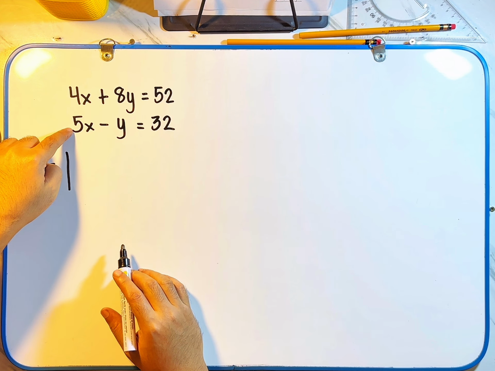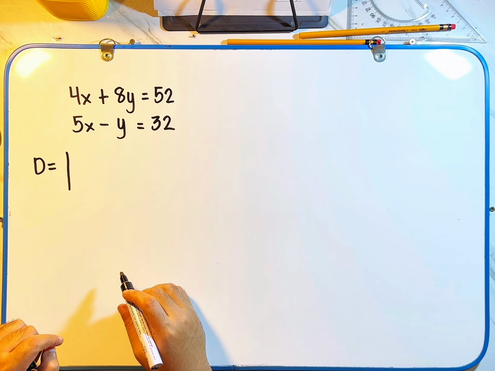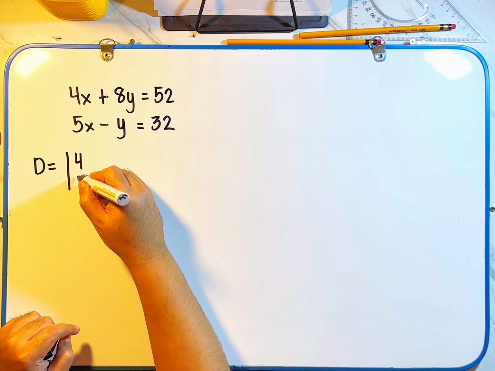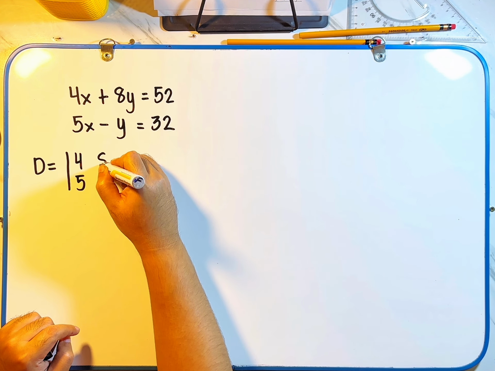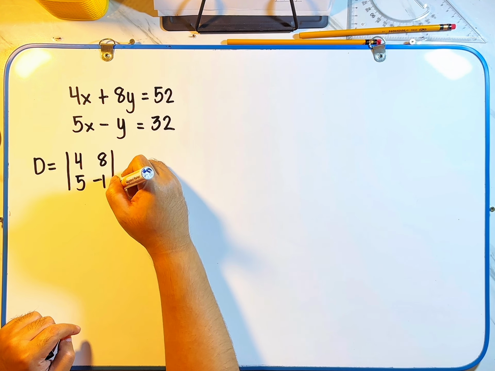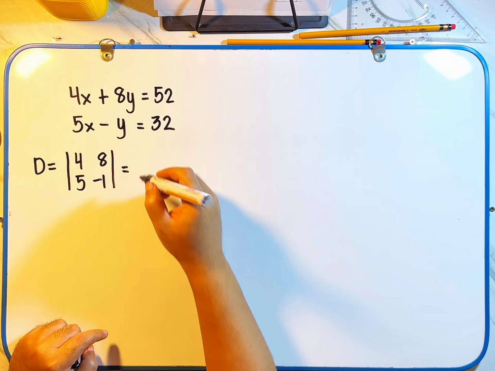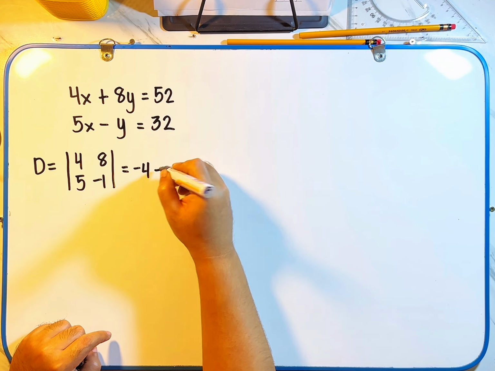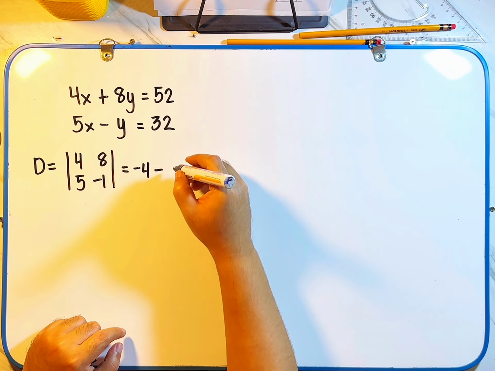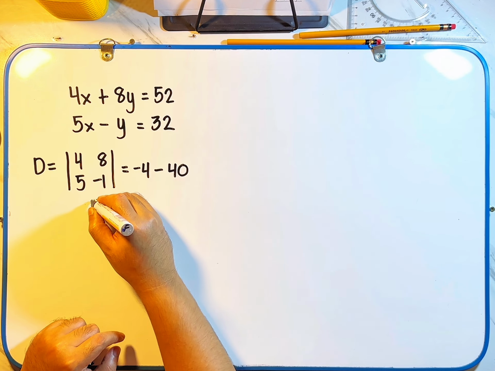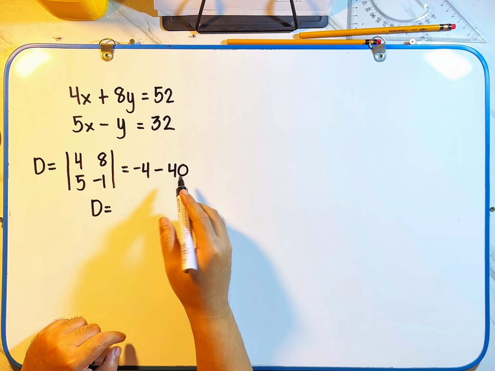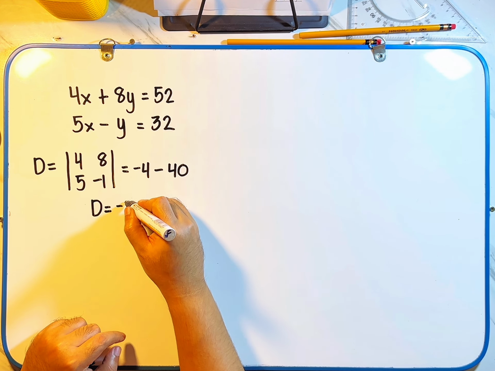So 4 and 5, and then 8 and negative 1. Apply the basket method. 4 times negative 1 is negative 4, minus 5 times 8 is 40. Therefore, d is equal to negative 4 minus 40 is negative 44.